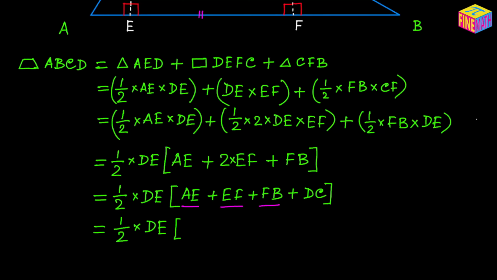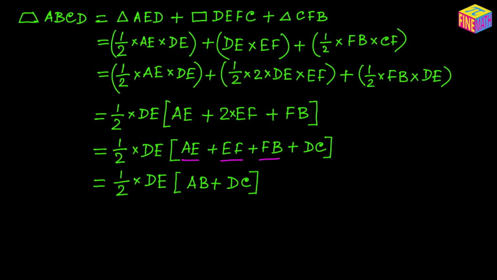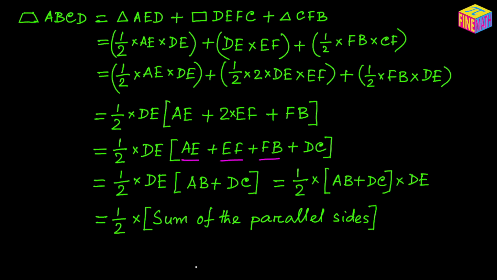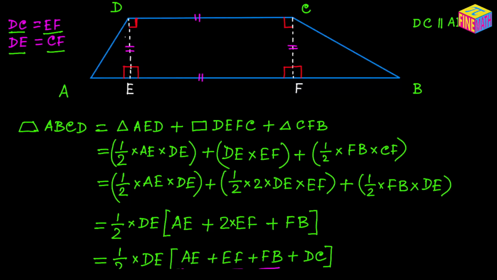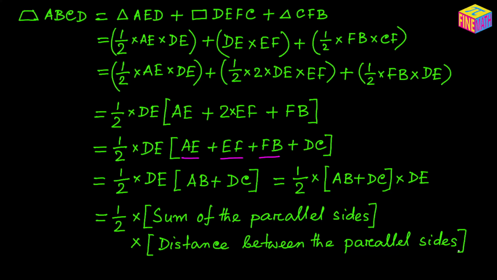So in place of that, I'm going to write AB plus DC. Now rearranging just a little bit, this is half times AB plus DC times DE. This is half times the sum of the parallel sides times DE, and DE is the distance between the parallel sides, as you can see in the diagram. And that is the formula for the area of a trapezoid.